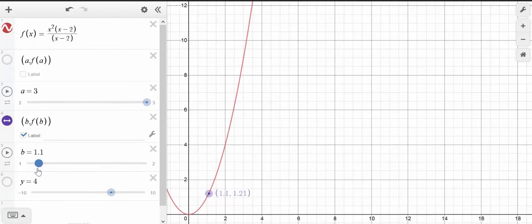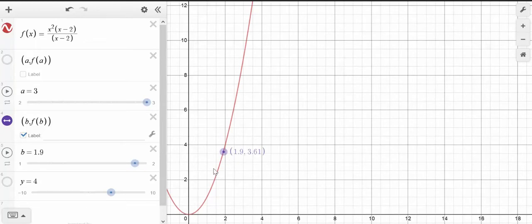Look what happens. We've got y values of 1.1, 1.44, 1.69, and so forth. You can see this x is getting closer and closer to 2, and we can pay attention to the trend here. Well, what is y getting closer and closer to? So at 1.9, we're at 3.61.